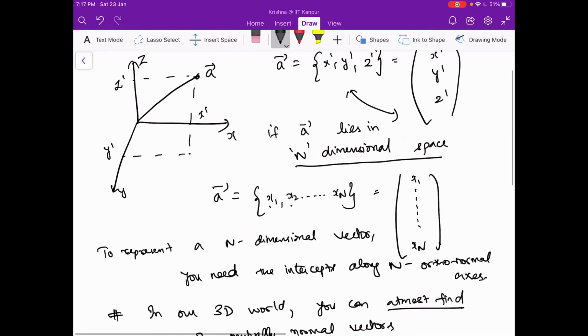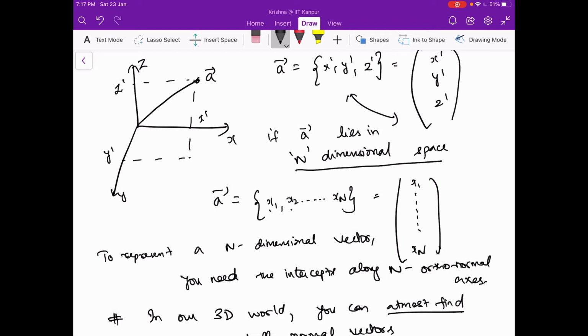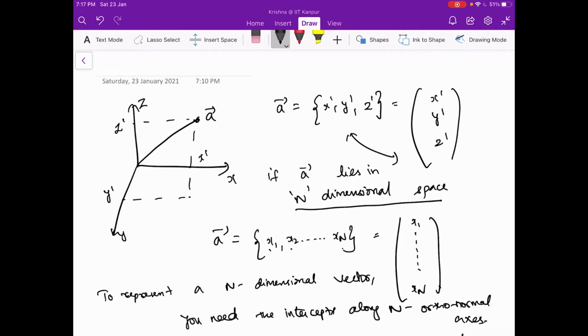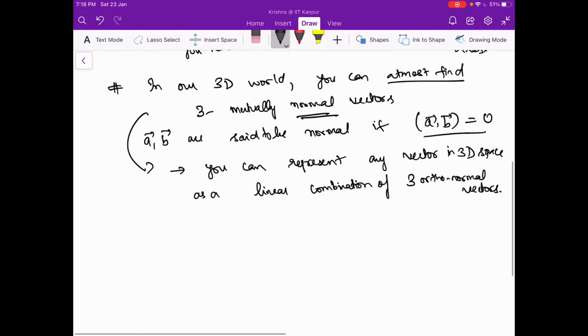When we write our normal vector A in 3D space, we just mention 3 intercepts along 3 axes. These axes are actually vectors which are orthonormal to each other. So that is the origin of this. You take the one along x to be, say, the i vector, j vector, and k vector. So you write A as x prime i, y prime j, z prime k, because these are the intercepts along those directions. And you can go about to prove that the inner product is a projection of one vector over the other, but we are not going there for lack of time.